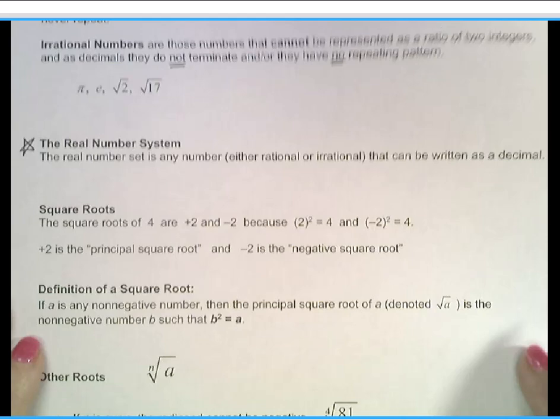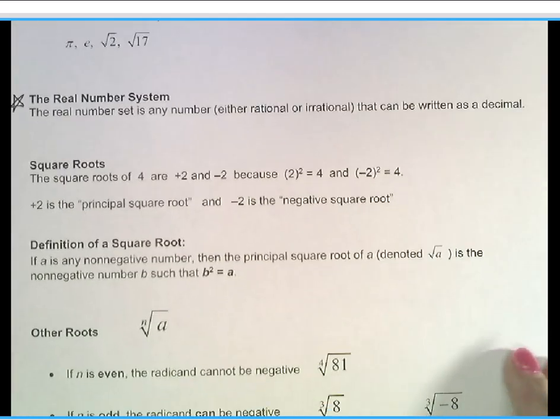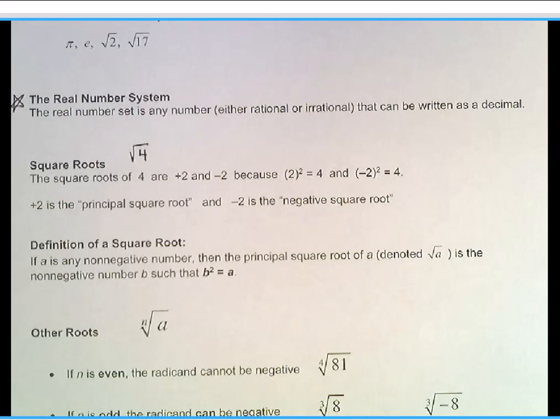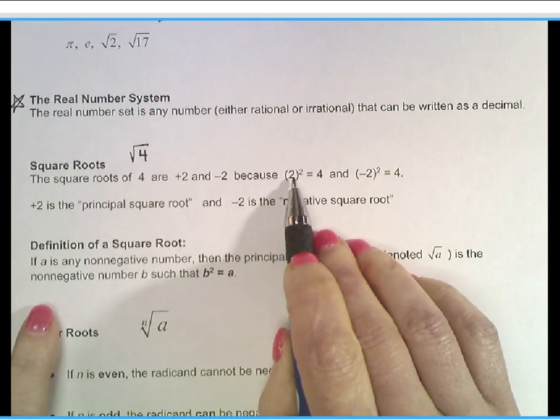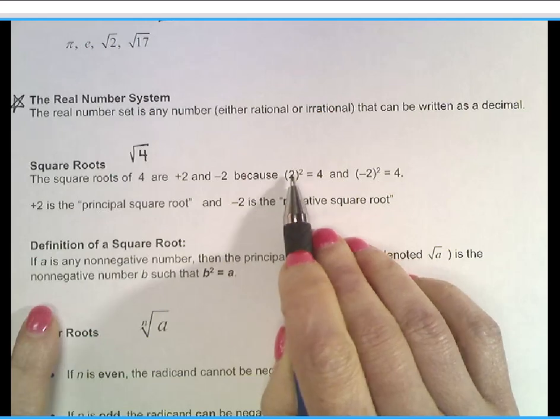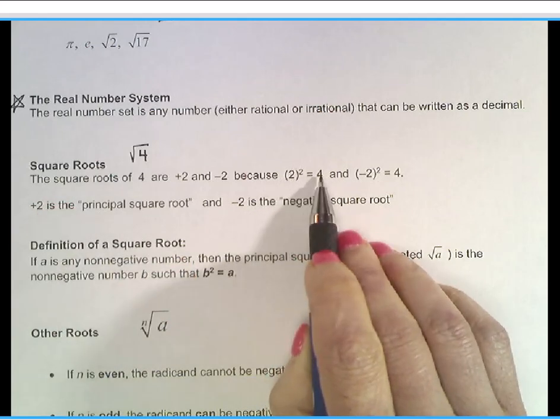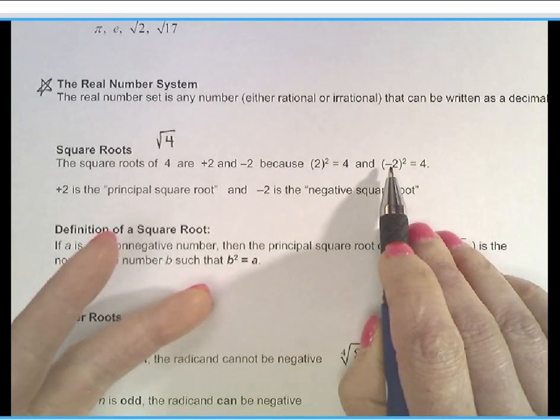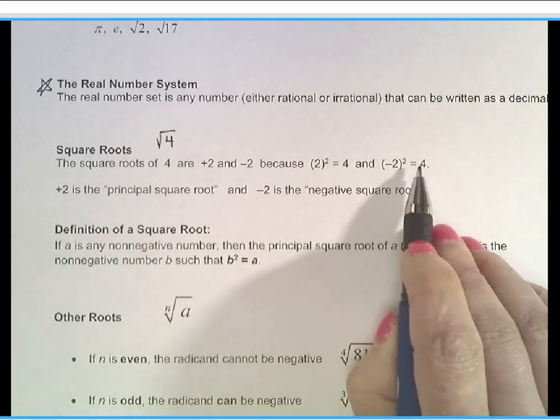And we can also start talking about square roots. So the square root of 4, like if we write square root of 4, there's actually 2 answers. It's plus and minus 2. Because if you take 2 and you square it, so 2 times 2, you get 4. And if you take negative 2 and you square it, so negative 2 times negative 2, you also get positive 4.